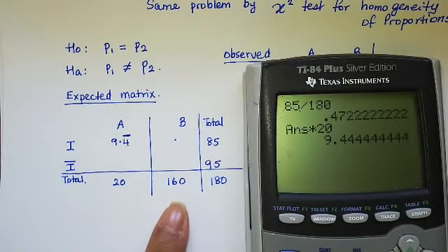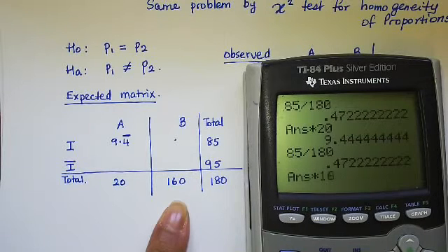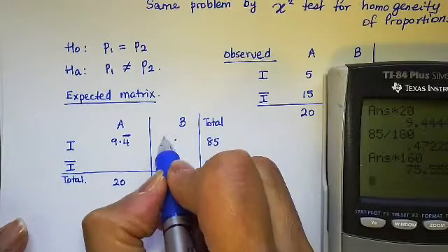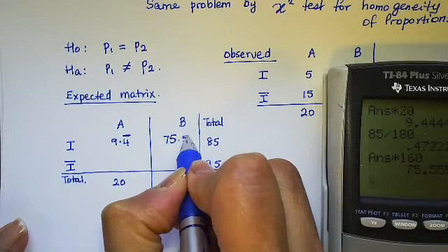And let's next work on this cell, which is the row total, 85, divided by the grand total, times the column total. 75.5 repeating.